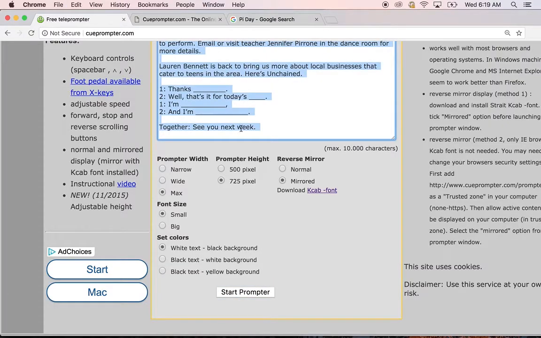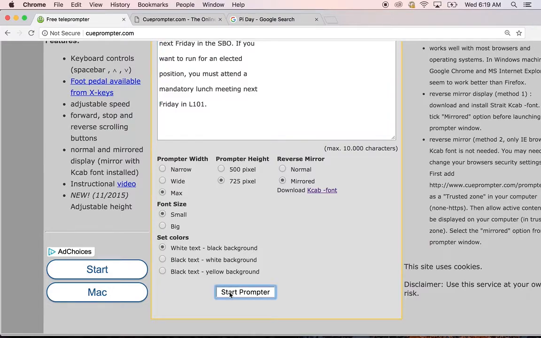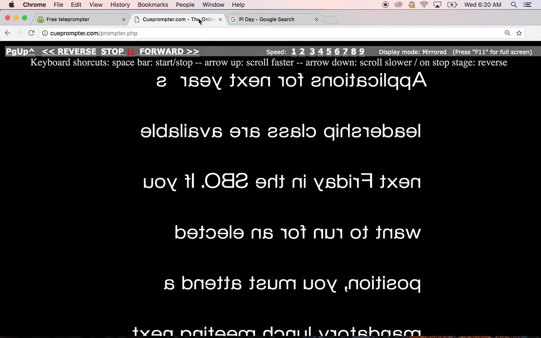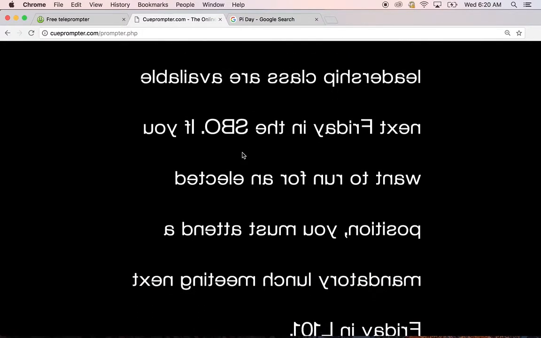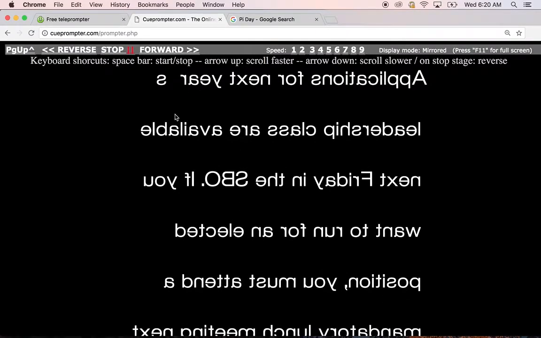There it is. We're going to start the prompter, and notice how clean it is. We've got double space. We don't have things doubling up here on the bottom because the teleprompter had to break it.